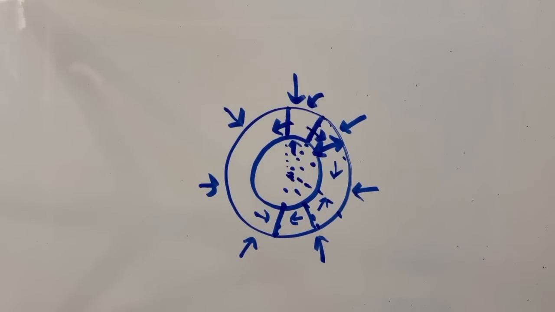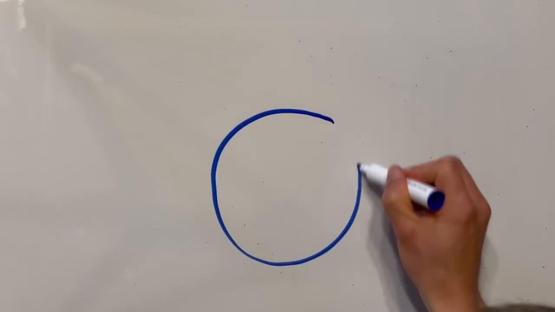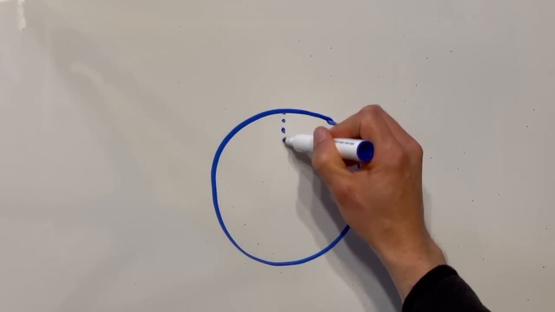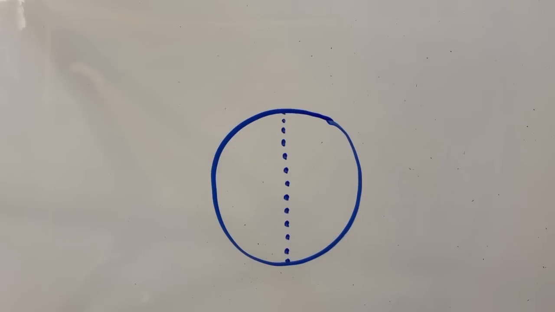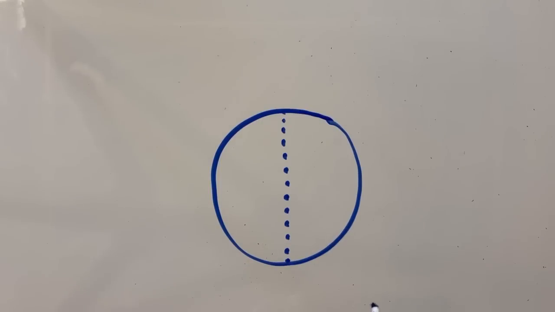Now, if I make a tube like the Titan, what happens is they cut the sphere down the middle and then they stretched it like a limousine.